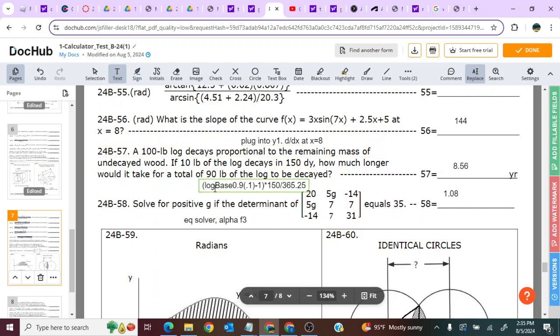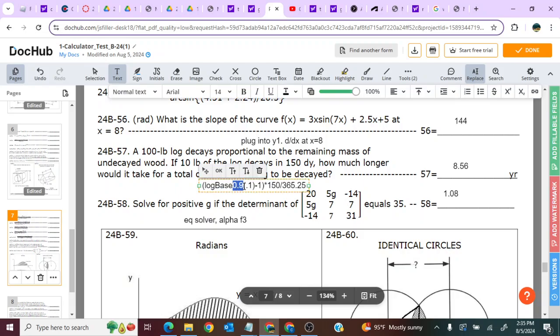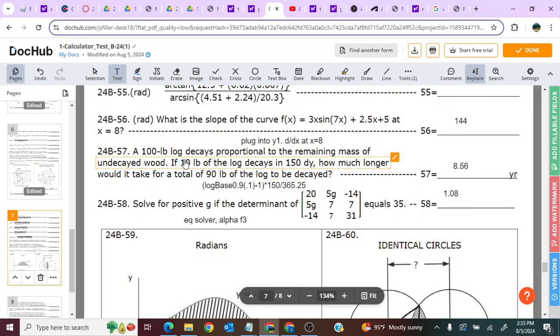So that means it's decaying exponentially. So like 0.9 to the power x, in this case. So you have to figure out the number of times 0.9 is being multiplied to get to 0.1, or I guess I should tell you how you got 0.9.